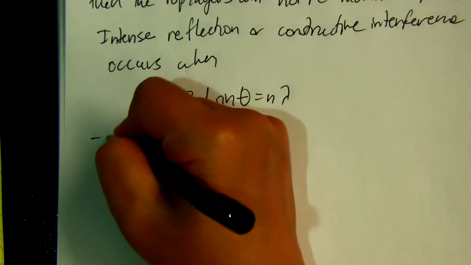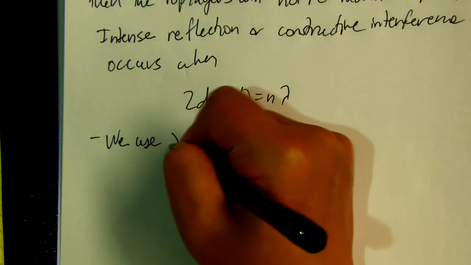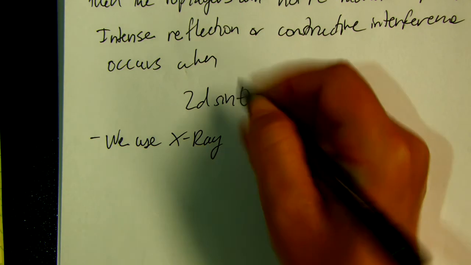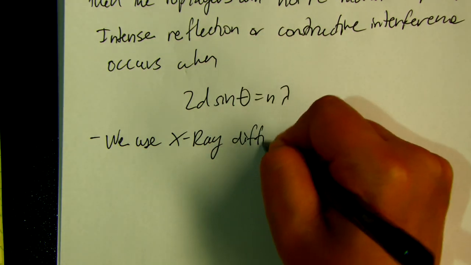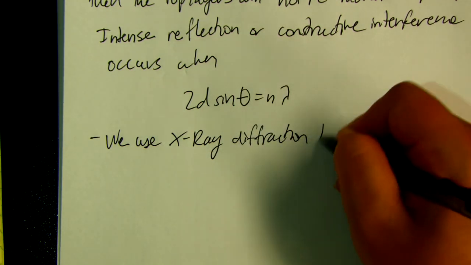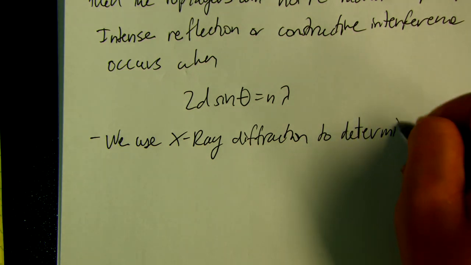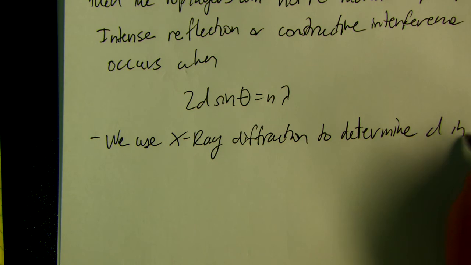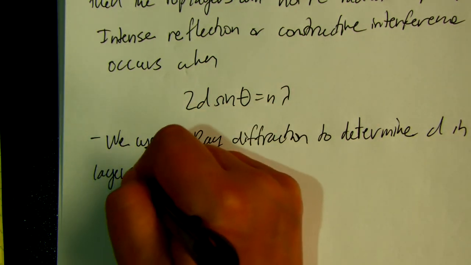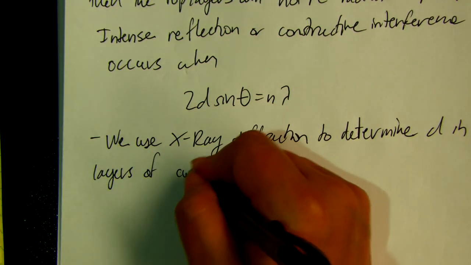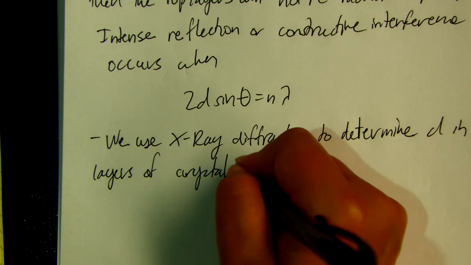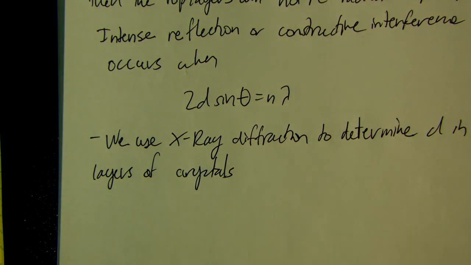And we use this, so we use X-ray diffraction to determine d in layers of crystals. If you study crystallography, much of what we know about crystallography nowadays has come from the applications of X-ray diffraction.